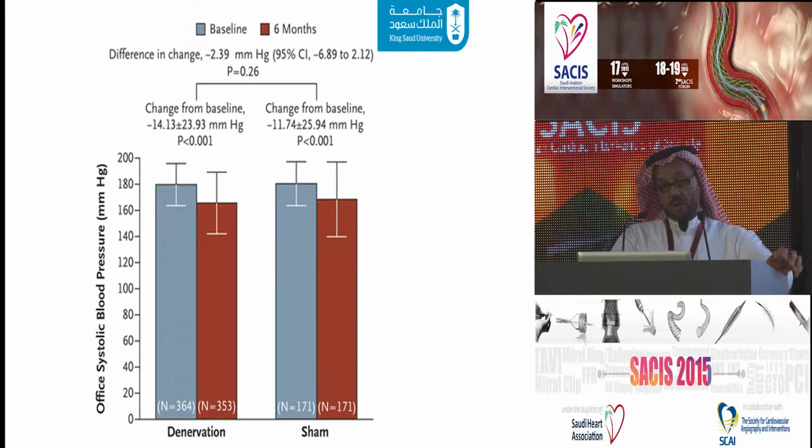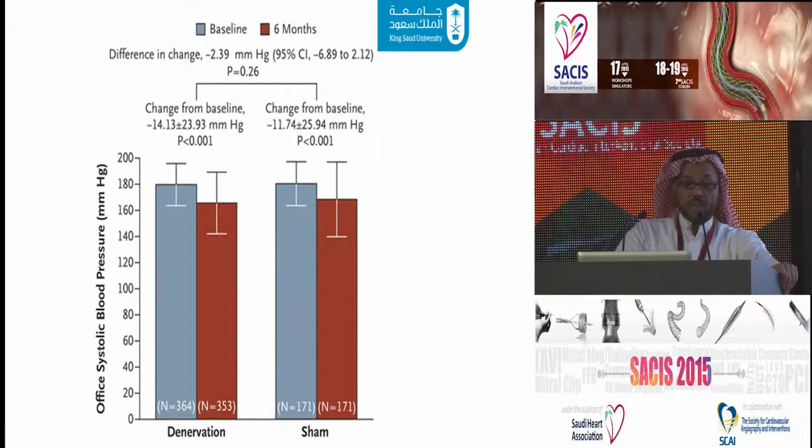This is the result of Symplicity III. In this part of the chart, you see the de-innervation cohort, and this is the sham cohort. The first thing you notice is that the blood pressure dropped between baseline and post-intervention in both groups, significantly, whether you were in the sham group or in the intervention group.